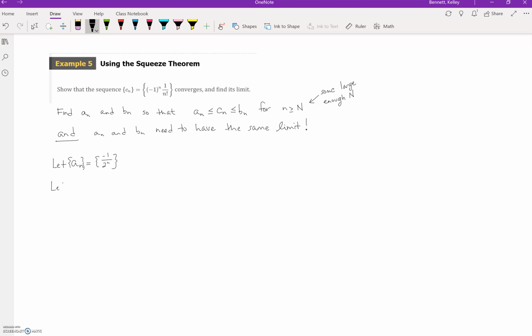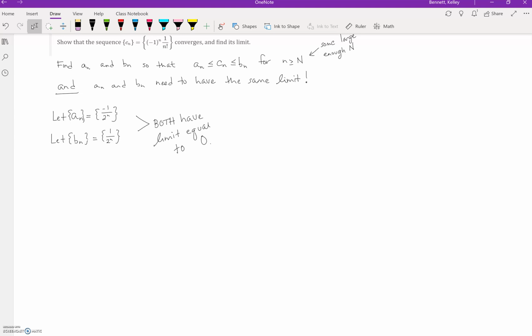And we're also going to let B of n equal +1 over 2 to the n. And the thing that we notice is that they both have their limit equal to 0. So this is good. They both have the same limit. We really, really need that.